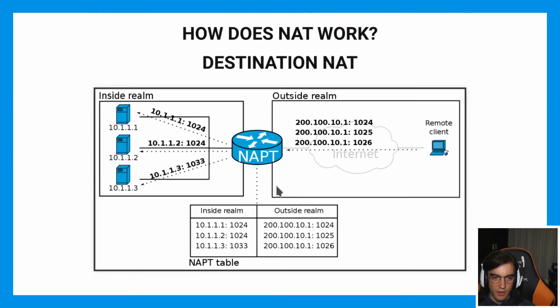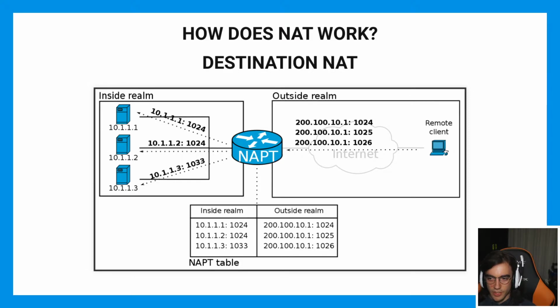There's also the opposite, called destination NAT, which might be easier for you to digest because it's widely referred to as port forwarding. I'm sure many of you have already messed with this at some point in your router's settings. Basically, it's impossible for outside clients to communicate to servers in your local network because they have a private IP address.